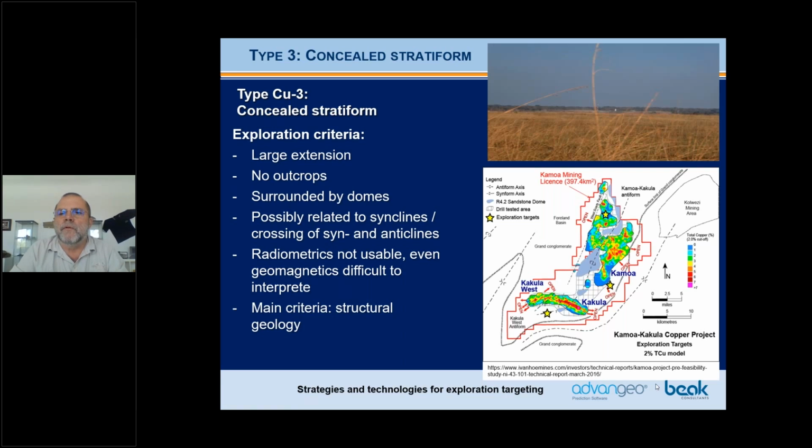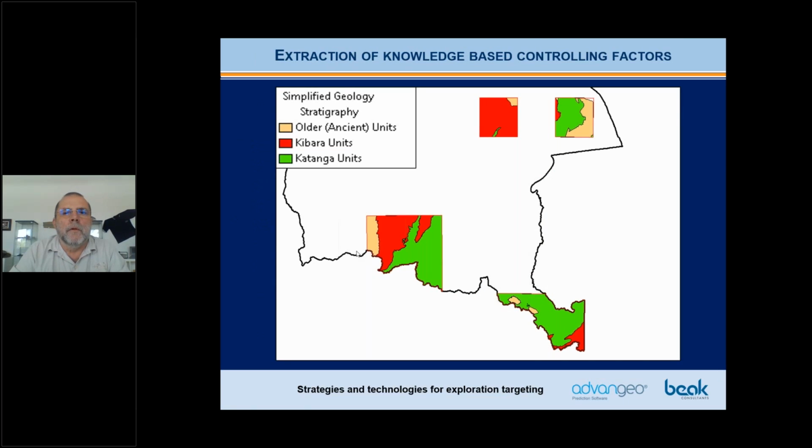And the question was whether we can identify possible targets like this in the bigger area, but there are no outcrops. So we are talking about these areas here, Kathanga units, yes.